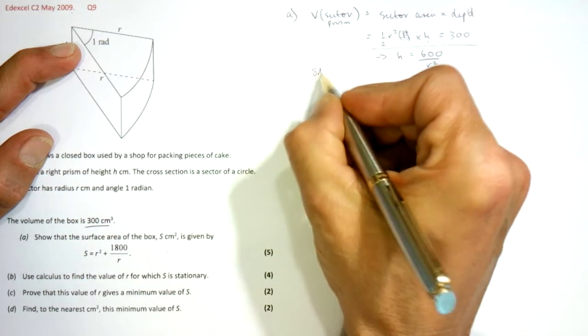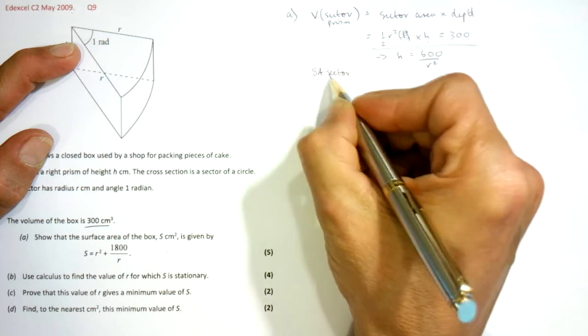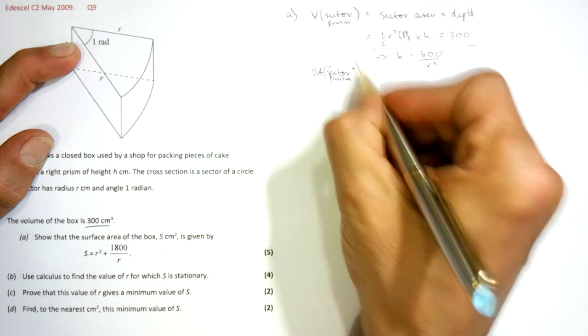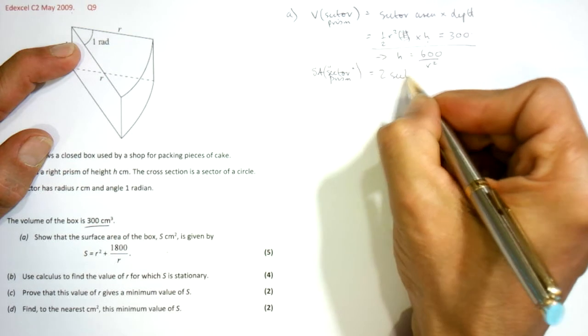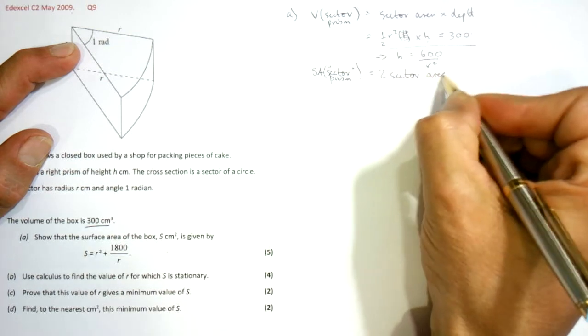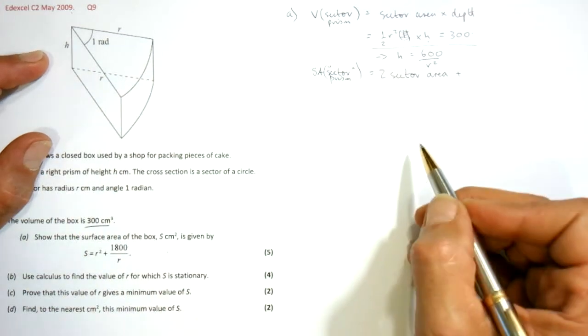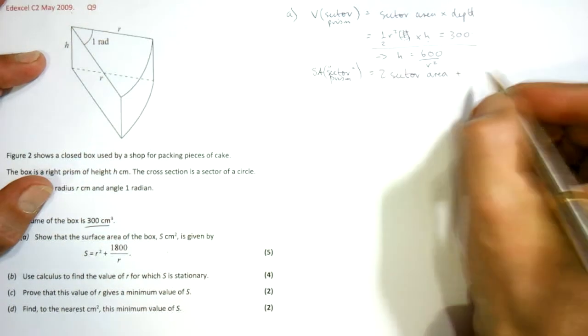And the surface area of our sector prism is equal to 2 times sector area plus the rectangle which we get when we unravel that wraparound part.